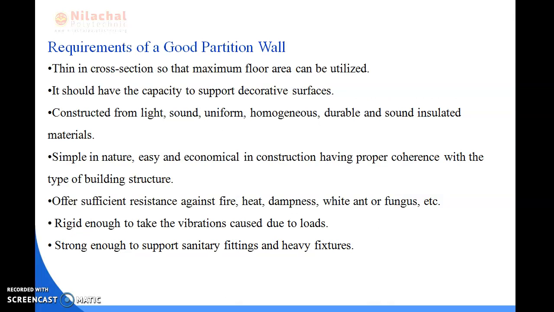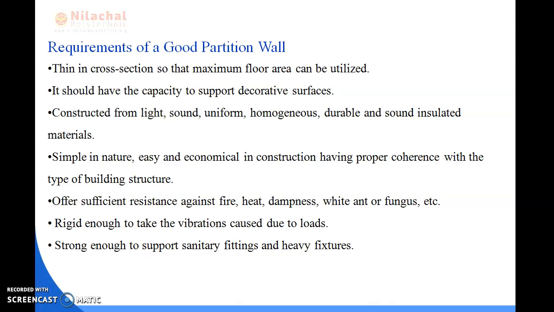Then what are the requirements of good partition walls? Thin in cross section so that the maximum floor area can be utilized.